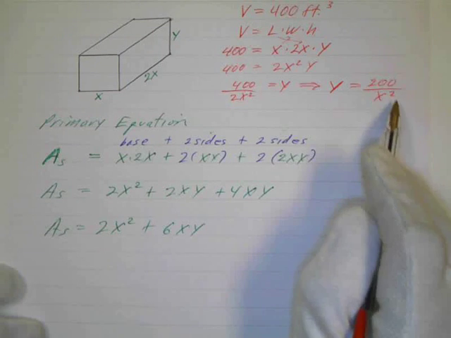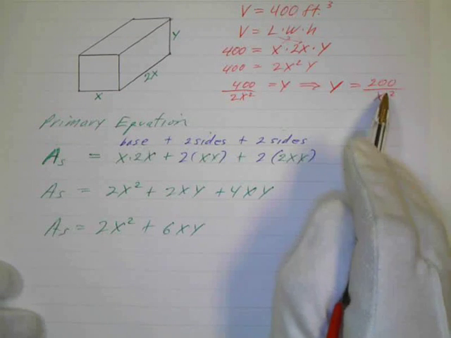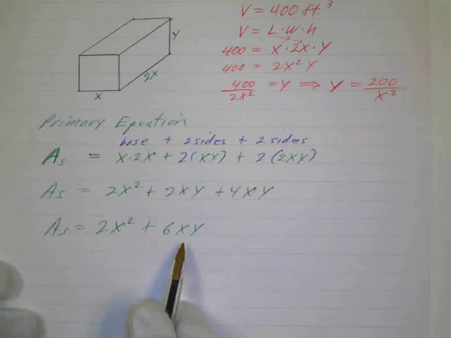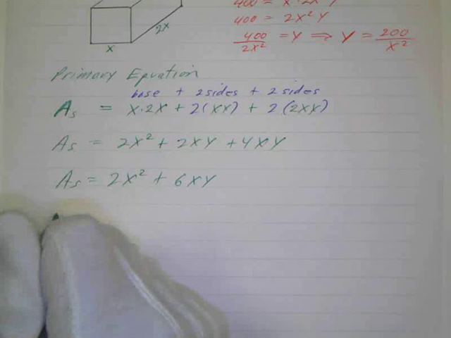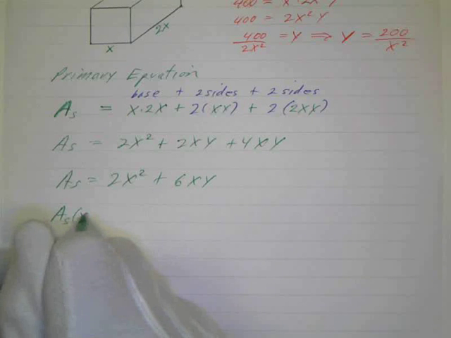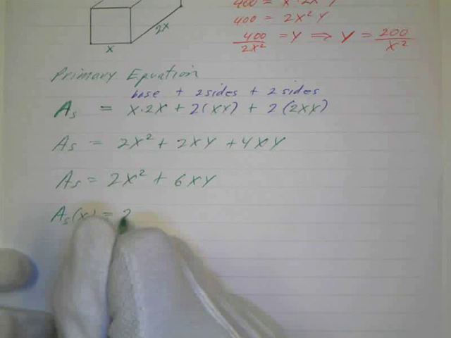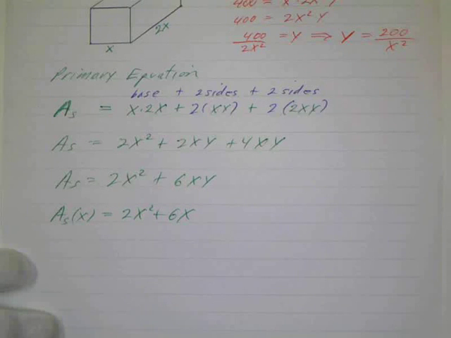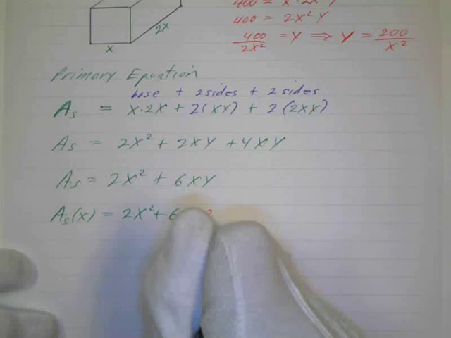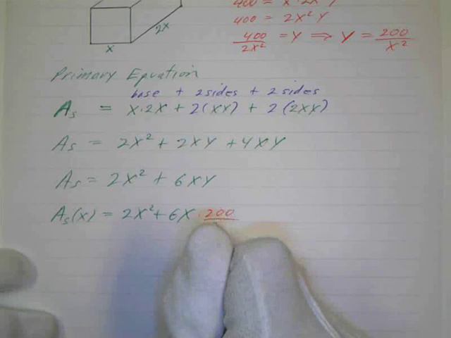So this is my secondary equation. I'm going to put this into the primary equation to reduce it from 2 unknowns to 1 unknown. And now I'll be able to write my area as a function of x, and that's going to be 2x squared plus 6x, and my y is now going to be what? 200 all over x squared.